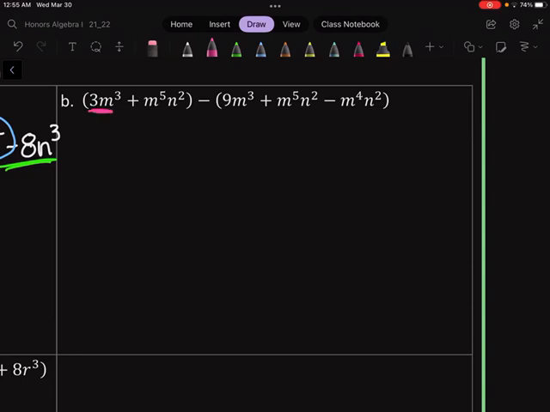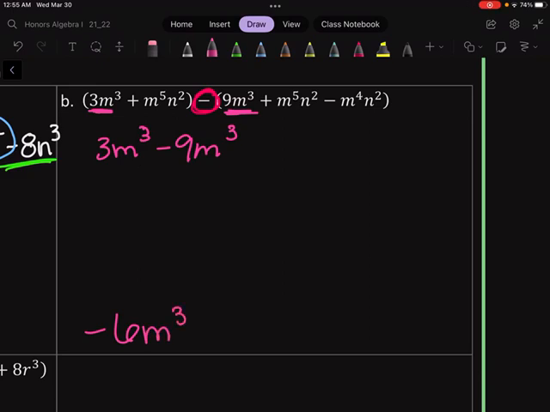This 3m cubed. Do I have another 3m cubed preceding it? Yeah, I got this guy here. So I have 3m cubed minus 9m cubed, and that's going to give me a negative 6m cubed.